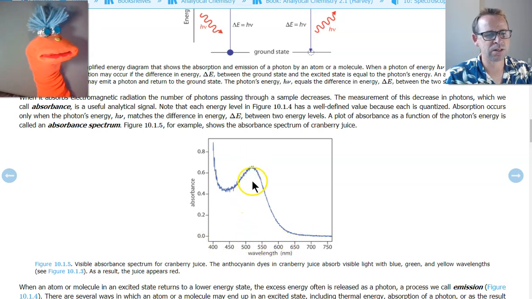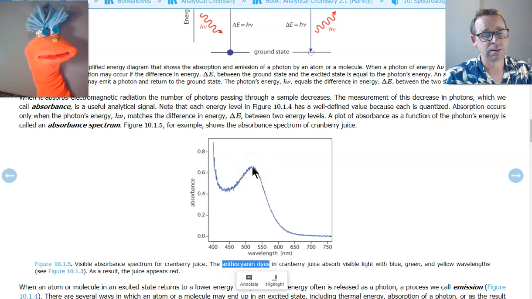So we have this here absorbing. Does that mean that this material, this dye, is going to be that color? If this is the light wavelength that's being removed from the spectra by our sample of anthocyanin dyes, then we're not going to see that color.